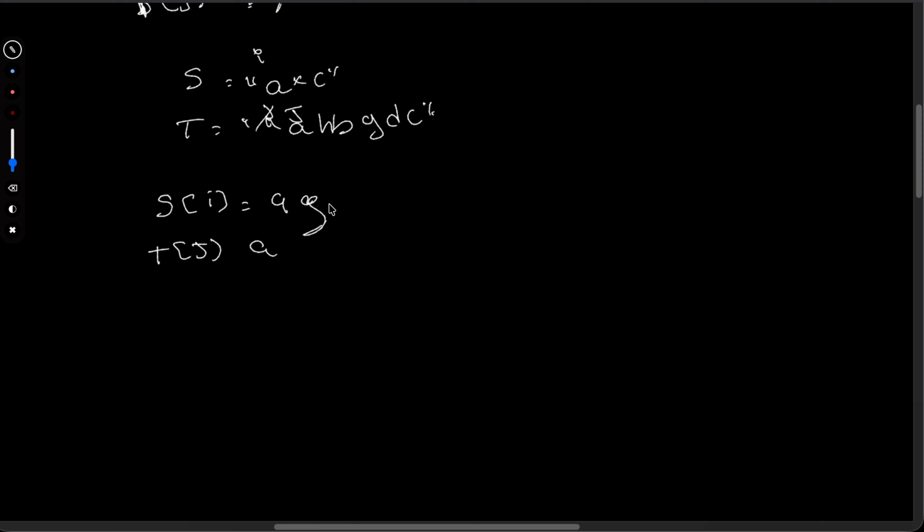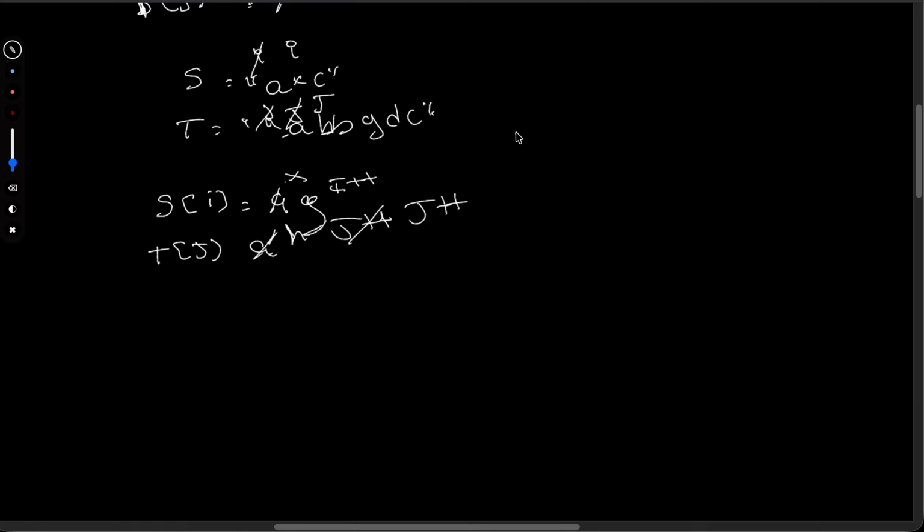It matches, so i plus plus and j plus plus. Now s of i is x and t of j is h. It does not match, so j plus plus.